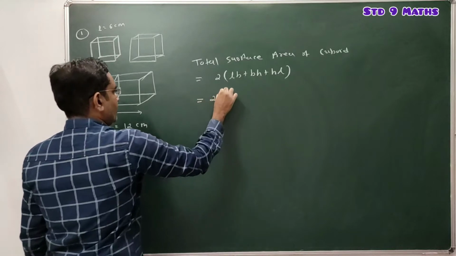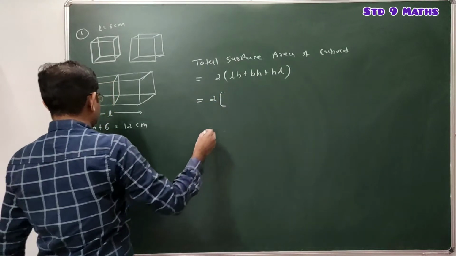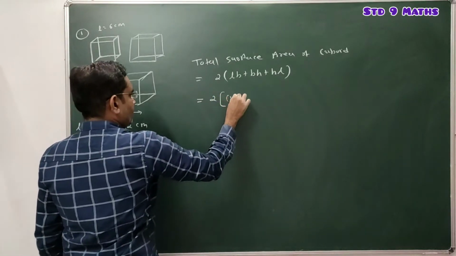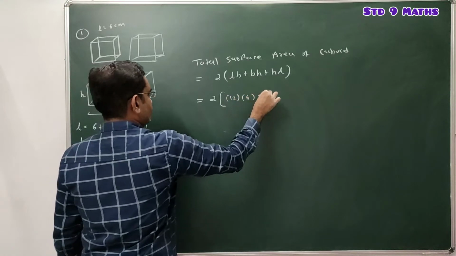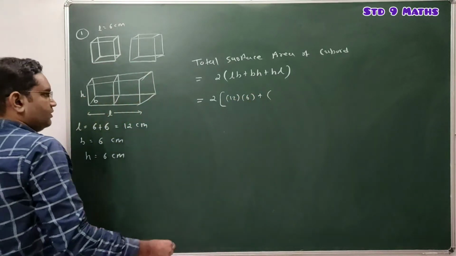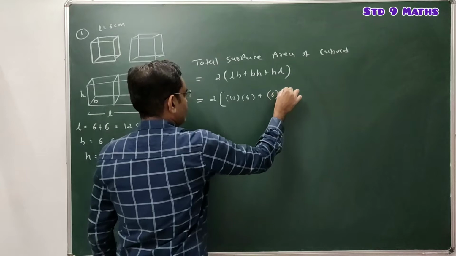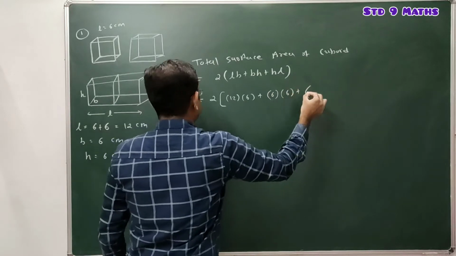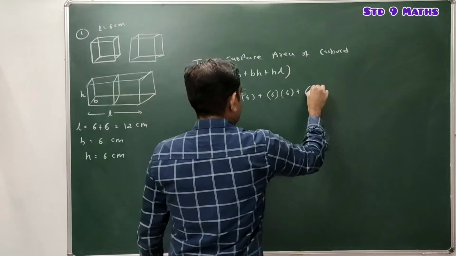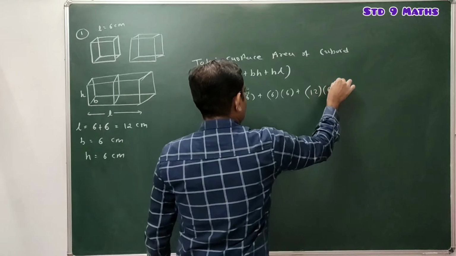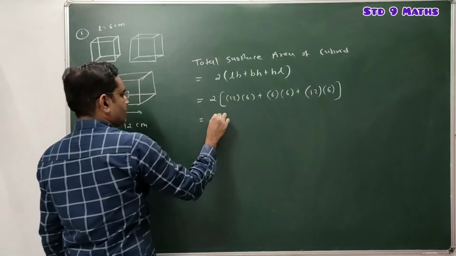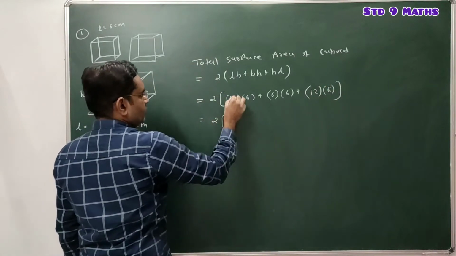This is equal to twice of L into B, 12 into 6, plus B into H, 6 into 6, plus H into L, 6 into 12.